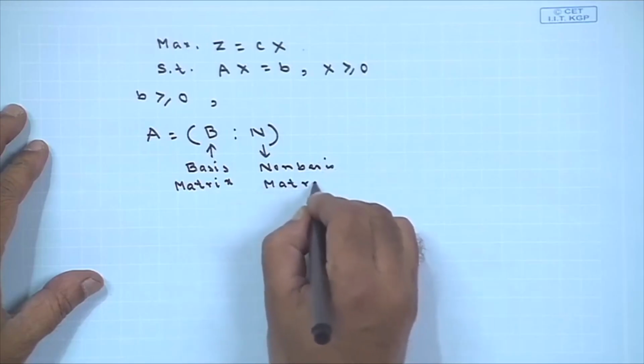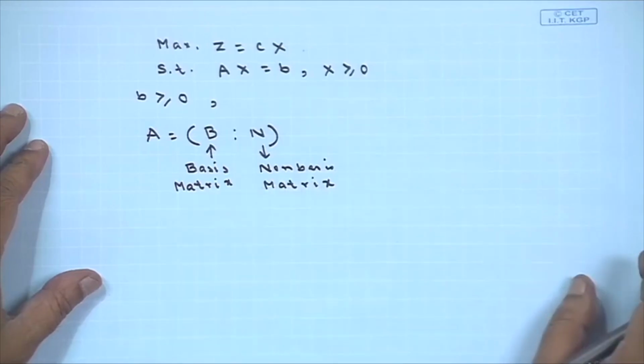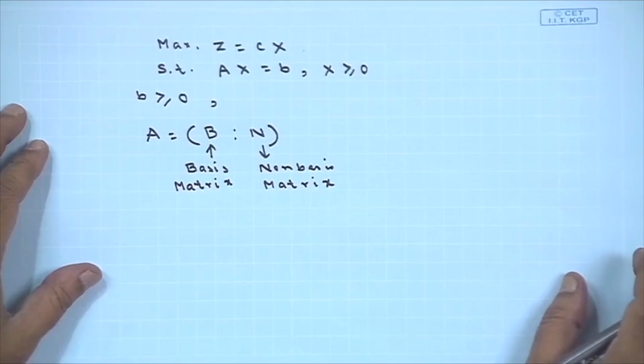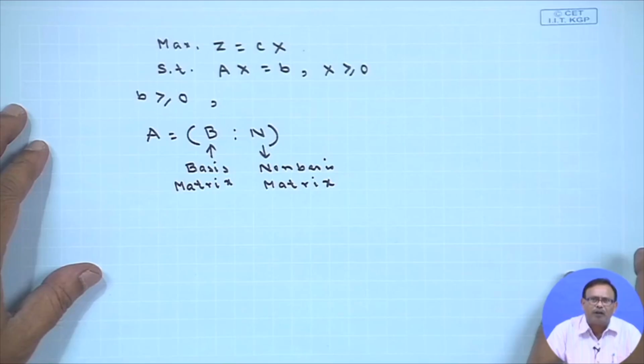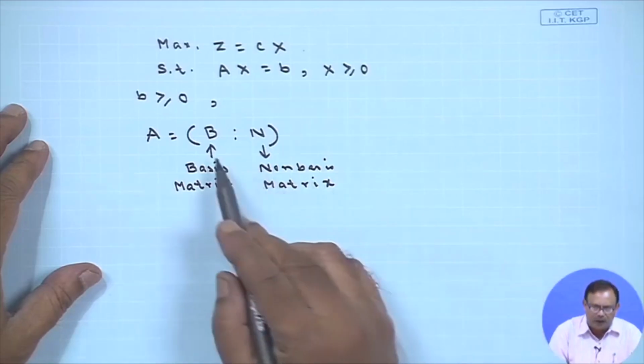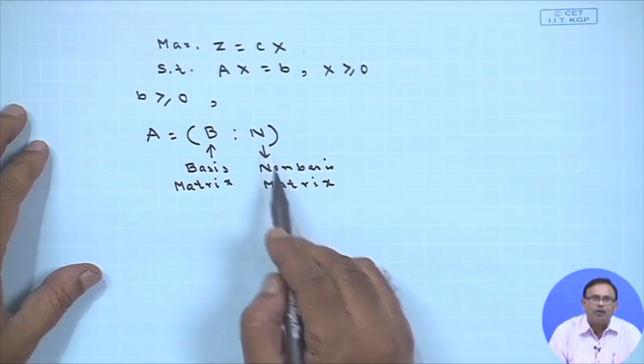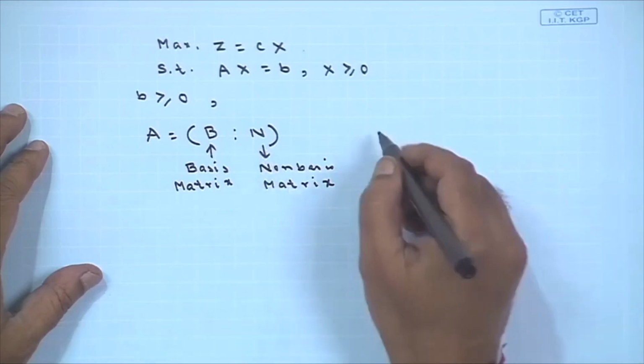That is, from there linearly independent vectors whatever you are getting in terms of the unit matrix, that one will be the basis matrix and this N will be the non-basic matrix.